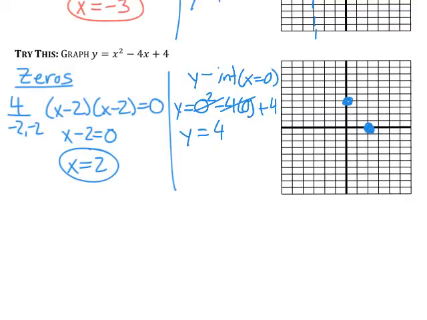Okay, and then I can draw in my axis of symmetry, right? Here's my axis of symmetry that goes through the vertex. And since this y-intercept here is 1, 2 spaces away from the axis of symmetry, I go 1, 2 on the other side, and there's my third point. Sorry for the color change there. Oh well. Okay, so there's my parabola.